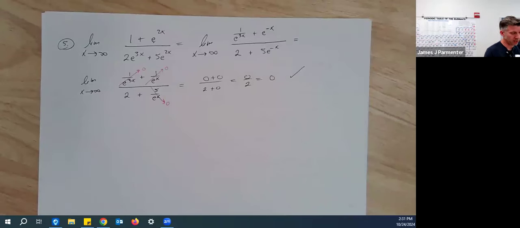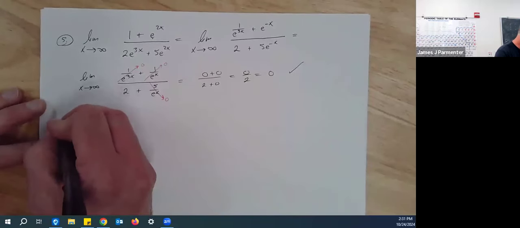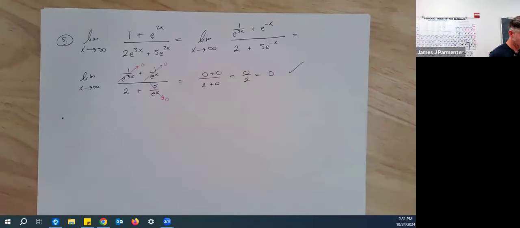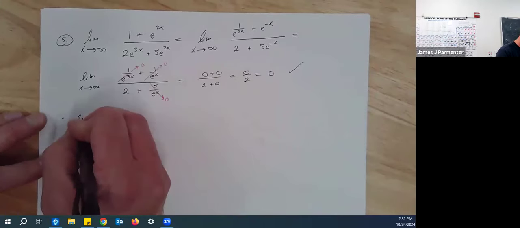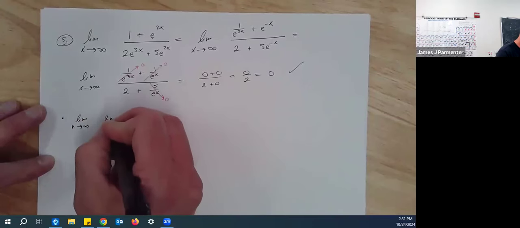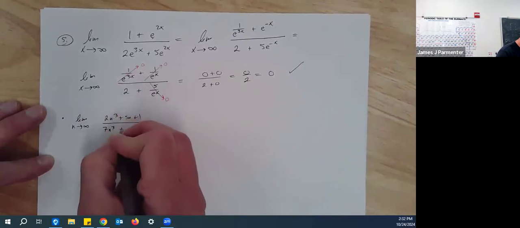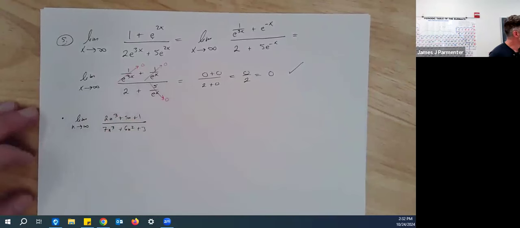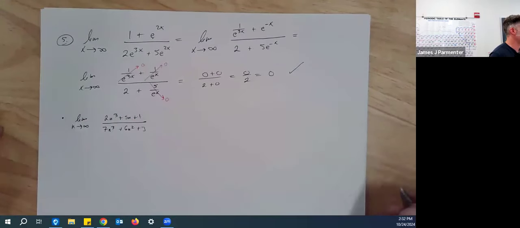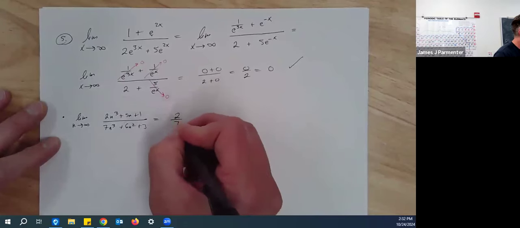So yes, I would say there is a general rule for ones where it's polynomials like that on top and bottom. For example, I'm just going to give you 3 examples and tell you what's going to happen. If you have the limit as n goes to infinity of something like 2n cubed plus 5n plus 1 over 7n cubed plus 6n squared plus 3, since the top highest power and the bottom highest power are the same, or since the degrees are the same, the limit is equal to the fraction of the leading coefficients.